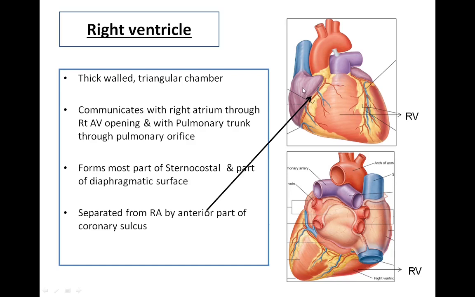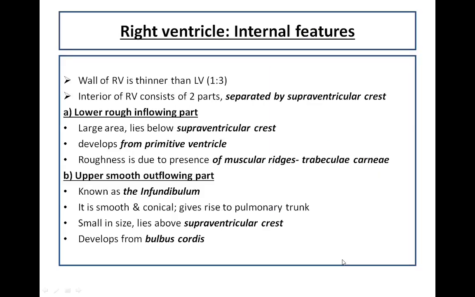Then the right atrium and right ventricle are separated by the anterior part of the coronary sulcus, while the left ventricle and right ventricle are separated by the anterior interventricular groove anteriorly, or inferiorly the posterior interventricular groove. Now come to the internal features of the right ventricle.